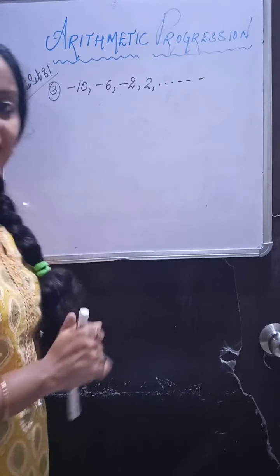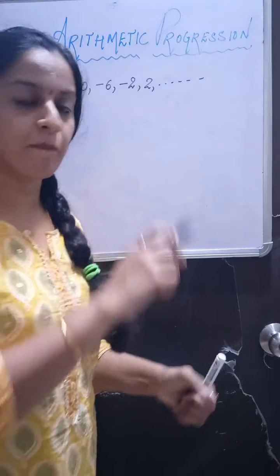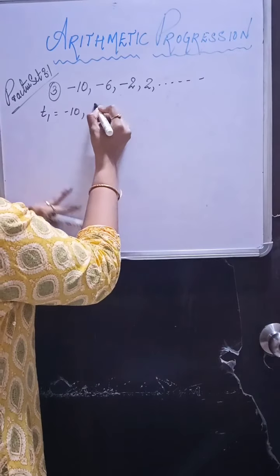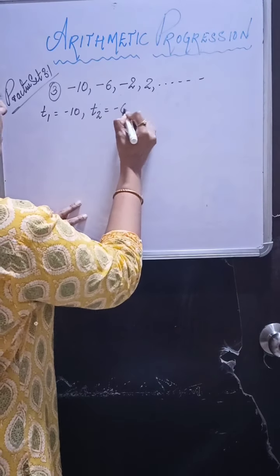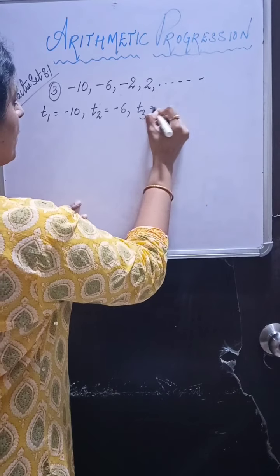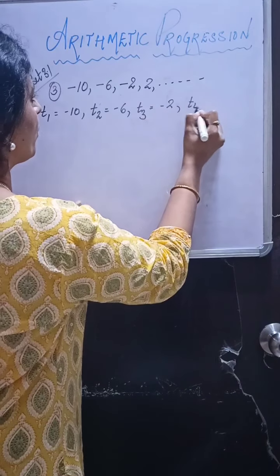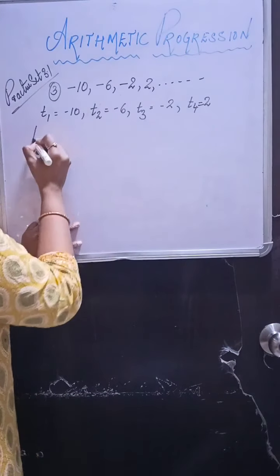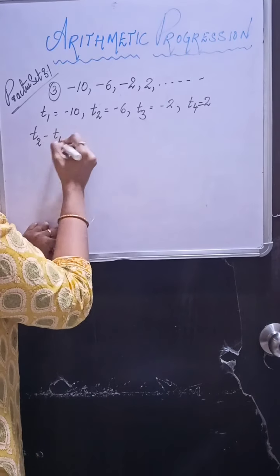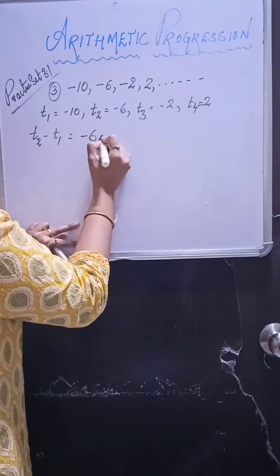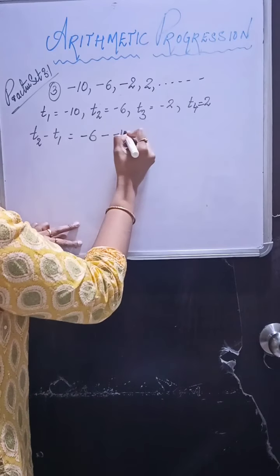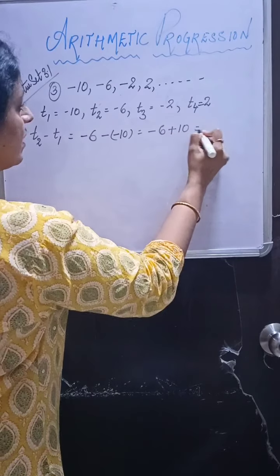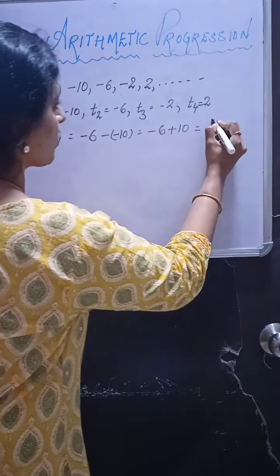Third question, let us check whether they are in AP or not. T1 is minus 10, T2 is minus 6, T3 is minus 2, T4 is 2. T2 minus T1 is equal to minus 6 minus 10, which is minus 6 plus 10, which is equal to 4.